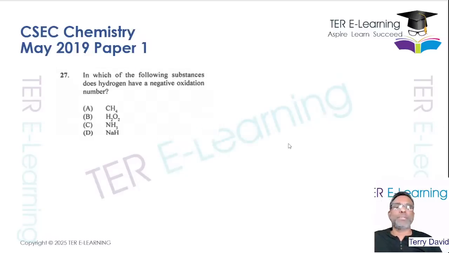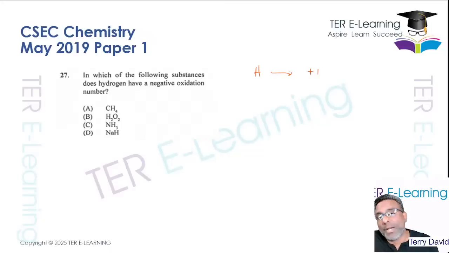Question 27. In which of the following substances does hydrogen have a negative oxidation number? Alright, so people are saying the answer is D. Hydrogen typically has oxidation state +1.